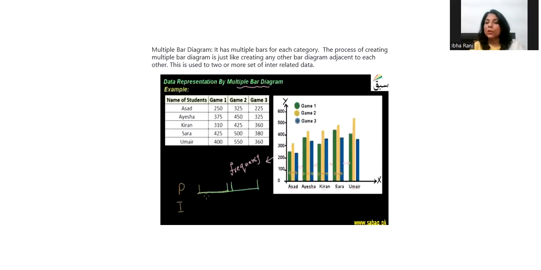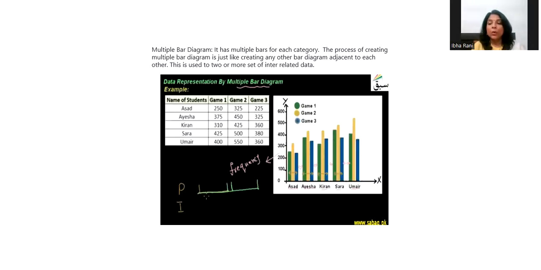For example, you want to see which student scored the maximum points in game 1. Looking at the diagram here, I don't know the value, but you can check all the green bars, and you can look at Sara's bar. Sara has maybe 400 some marks in game 1, the maximum here. So in this way you can identify.